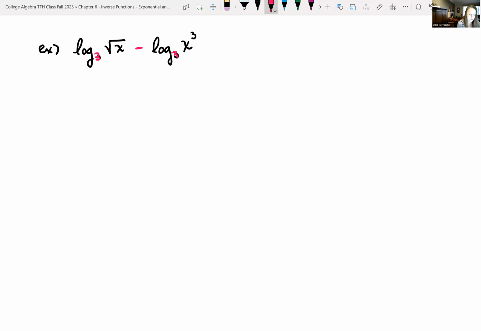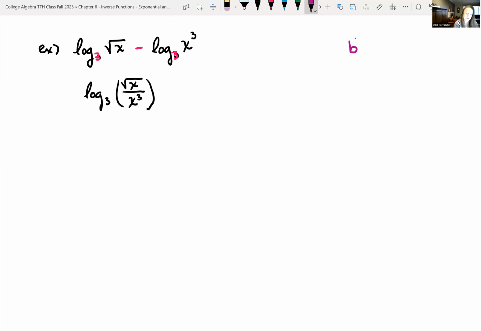If they are not the same, we couldn't be using these properties, which they are. And then we're going to rewrite this as log base 3. Well, subtraction, so we're going to have square root of x in our numerator all over x cubed in our denominator. So we can use rules of exponents to rewrite this and simplify it down.